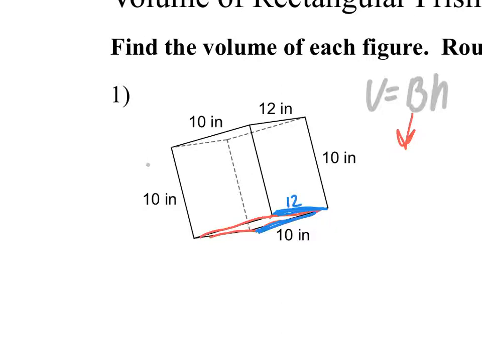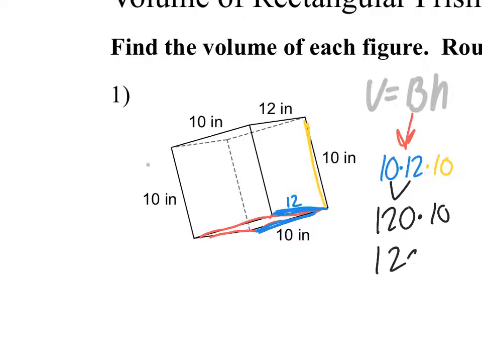So for our area of the base, we're going to be doing 10 times 12. And now our height is going to be 10. 10 times 12 is 120, times another 10 is going to be 1,200 inches cubed.